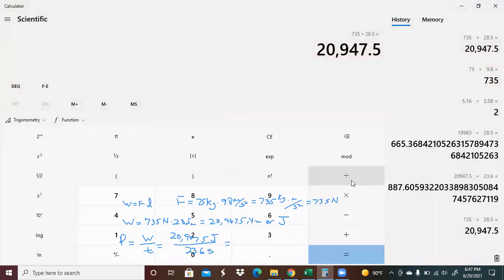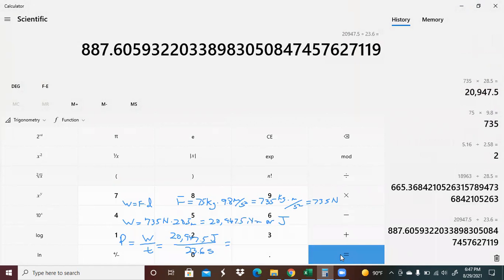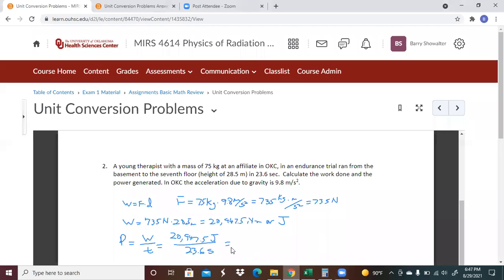So if I take the answer here and divide it by 23.6, 887.6. And that is in watts.